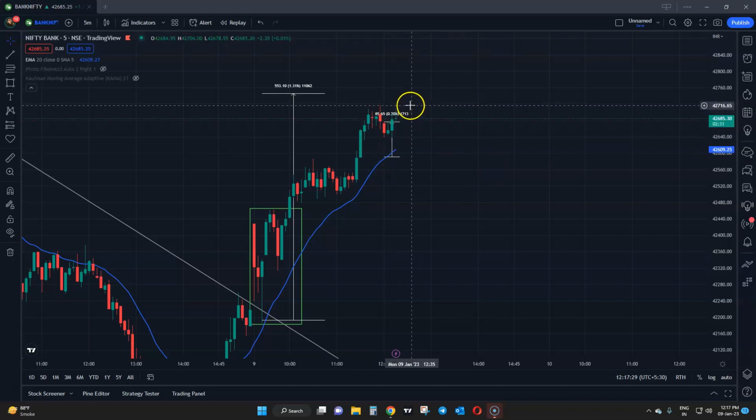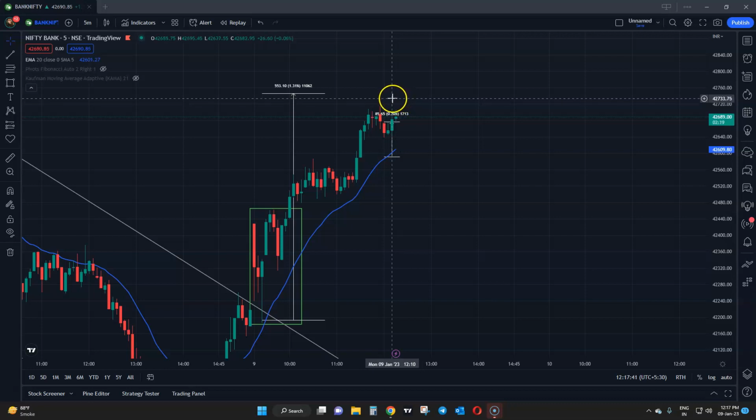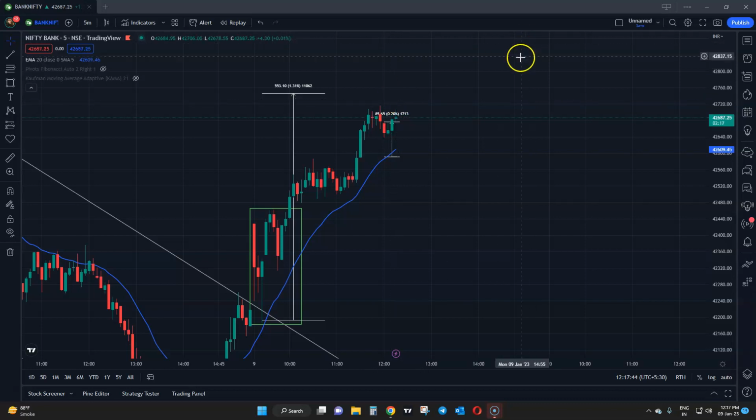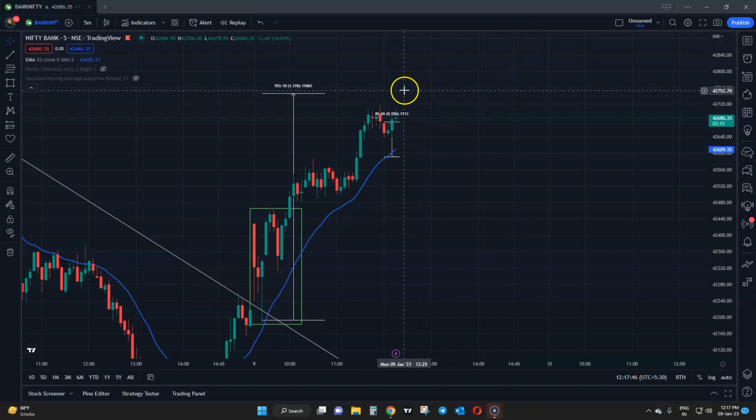It would be a very good buy setup in case this overshoots, and a very good sell setup in case this overshoots and forms a top somewhere here. That would be extremely good to consider.